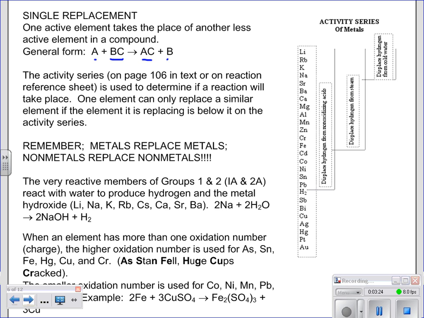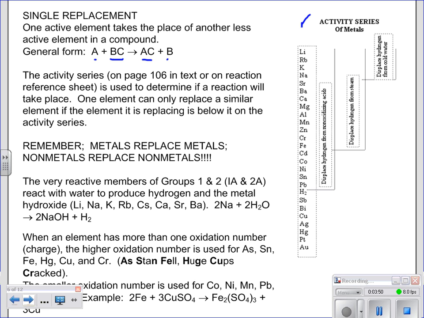Then you need to decide, is this reaction truly going to take place? And there's something known as an activity series that you're going to have to check for that. And that's why I had you get your reference sheets out, because it's on the back of that periodic table. And what this tells us is which metals, in fact, this is an activity series of metals, which metal is more active than the other metal.